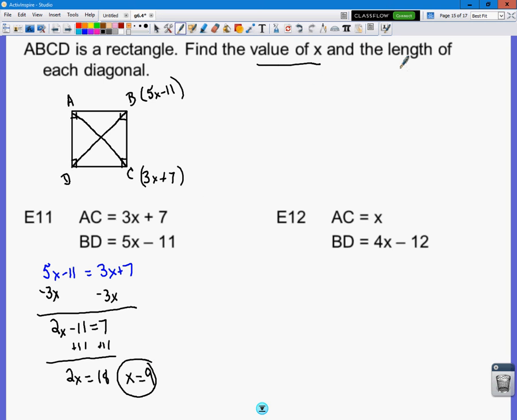They also asked me to find the length of the diagonal. So I've got to take that 9 and plug it back into one of these. 3 times 9 plus 7. 3 times 9 is 27, plus 7 is 34. So x is 9, and the side is 34.